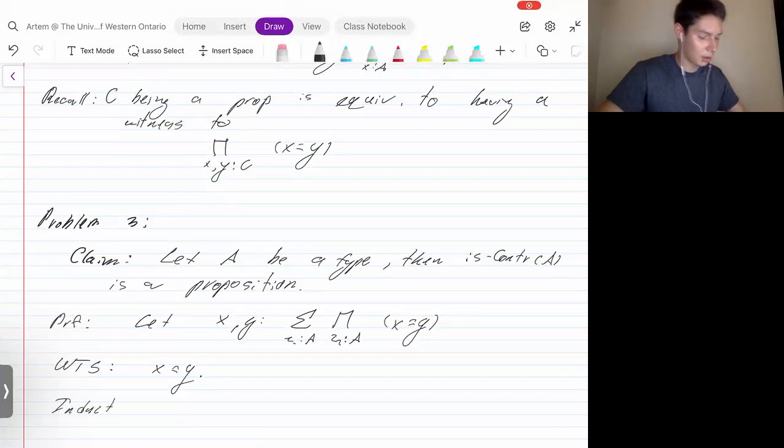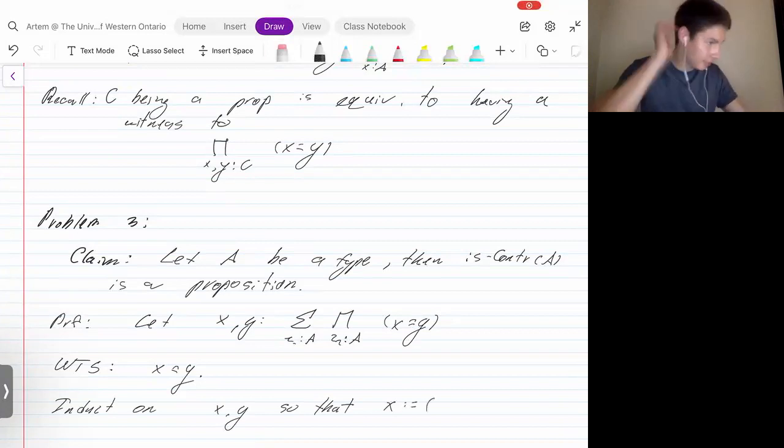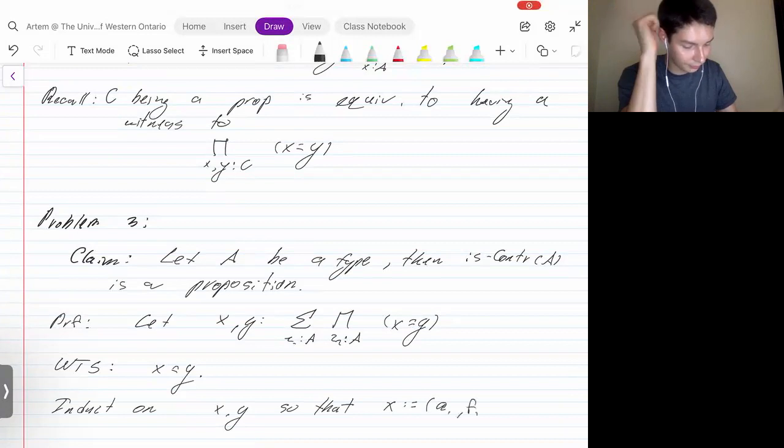So induct on X, Y, so that they're elements of the sigma type, so there are going to be some dependent pairs. So first one is going to be like A1, F1, and Y is going to be A2, F2.